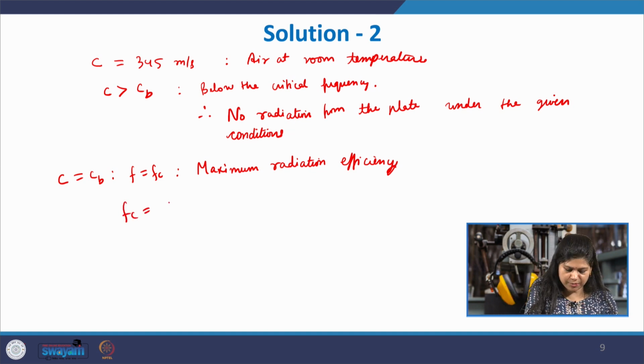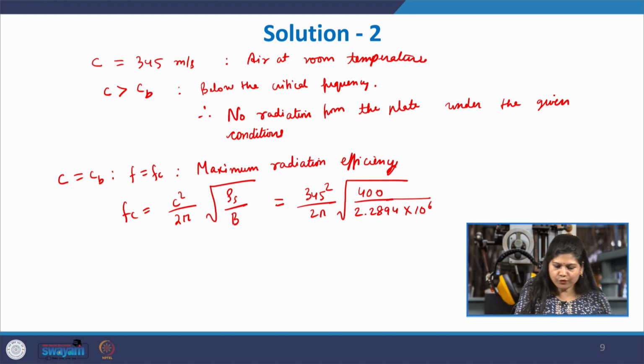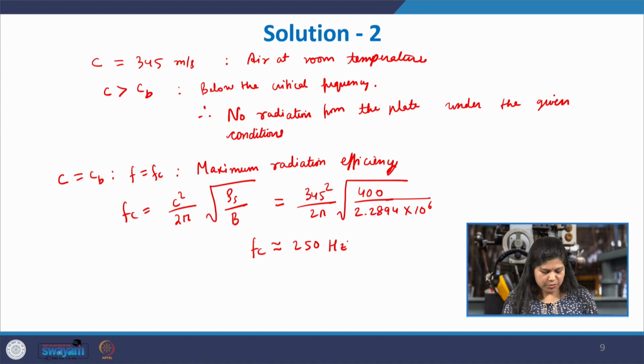If you solve, fc comes out to be, let us put in and find out, 345 whole square by 2 pi. Once you solve all of that, hopefully you should get approximately 250 hertz, 250.4 hertz to be exact.